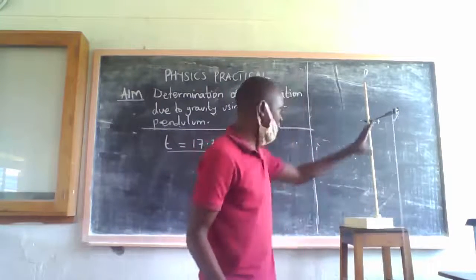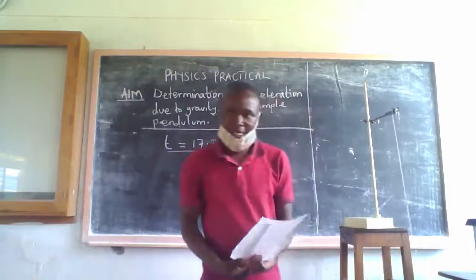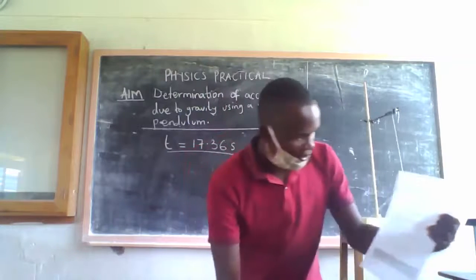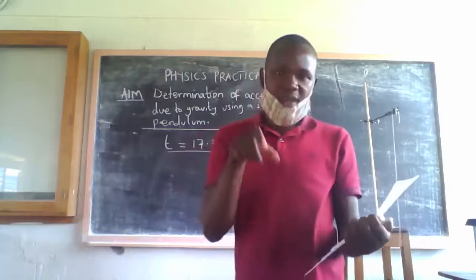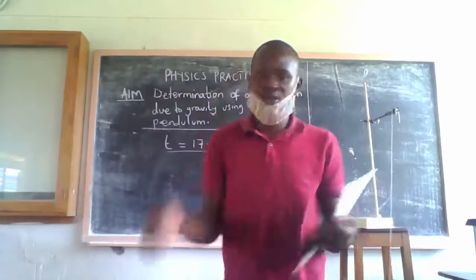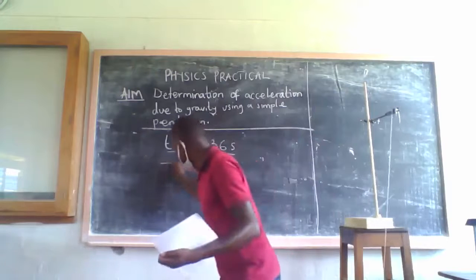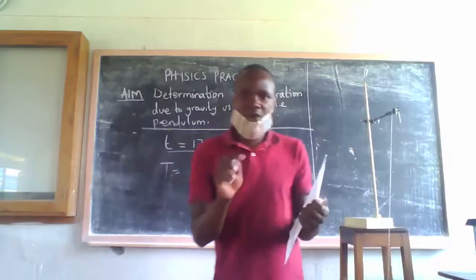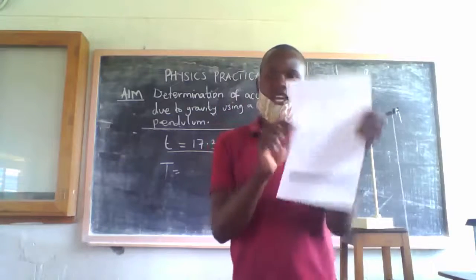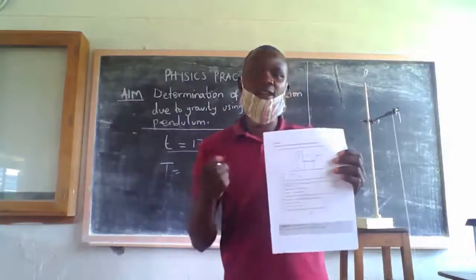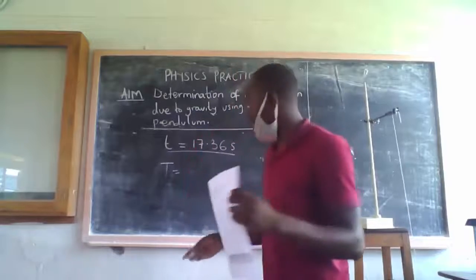That is when the length was 90 centimeters. The question continues and tells that you shall be required to find the period, capital T. This period is when you get the time taken for 10 oscillations and you divide it by 10. You shall be able to get capital T.